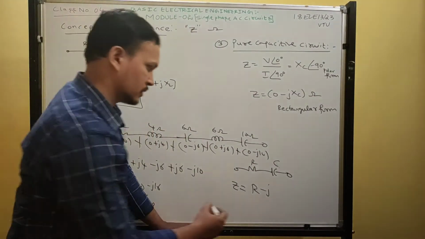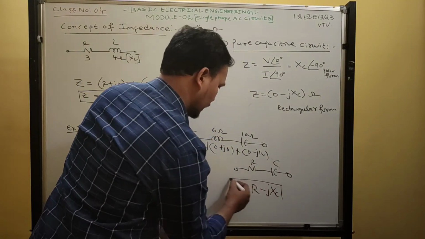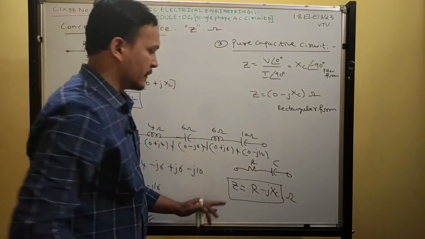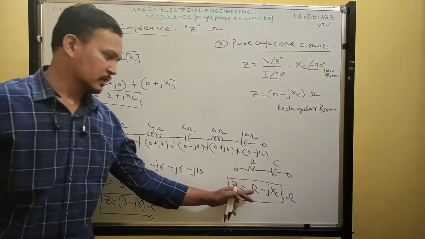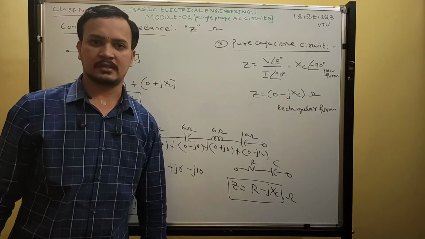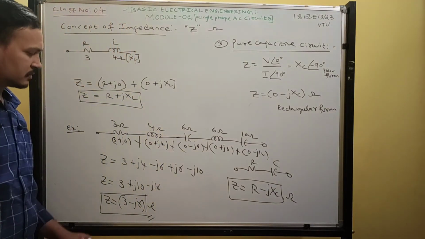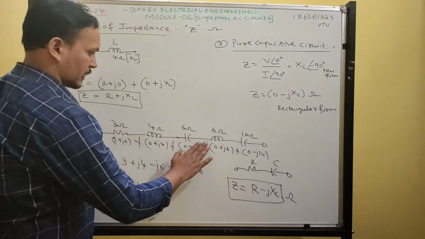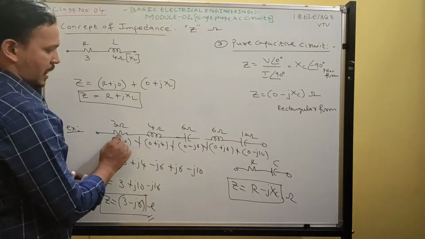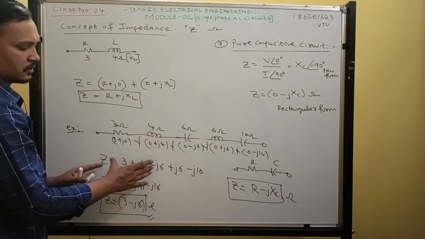Capacitive reactance. So R minus JXC. Got it? Impedance of series RC circuit is R minus JXC. What about RLC circuit? Okay, so now you take only this part. RLC, you simplify that much you will get.